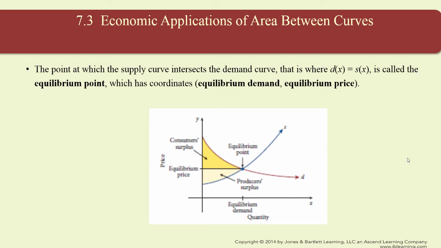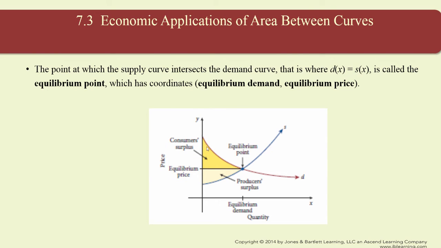Let's look at one handy dandy picture here. This picture has everything on it. Notice the blue curve is the supply function. The red curve is the demand function. We've labeled where the two curves intersect as the equilibrium point. The x-coordinate down here is equilibrium demand. The y-coordinate is equilibrium price.